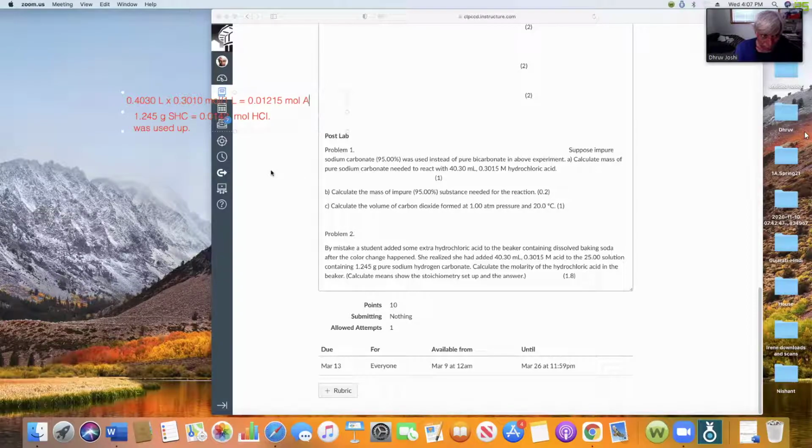So we just calculated the moles of the acid actually put in the solution, and you subtract those two to get the moles of acid in the solution.